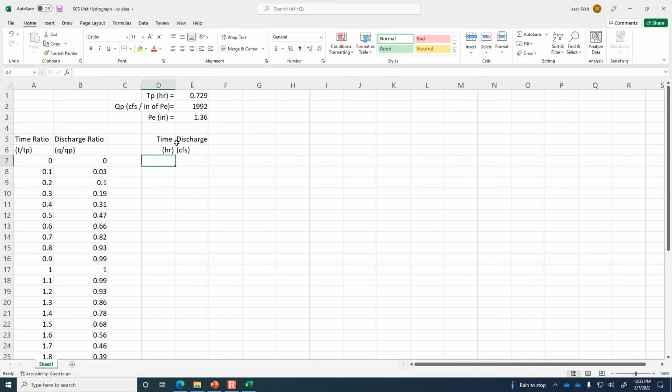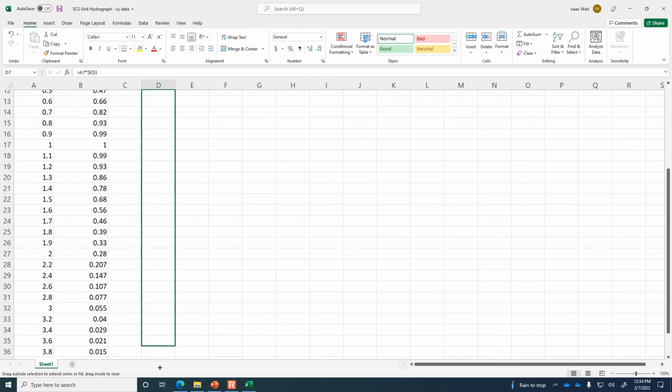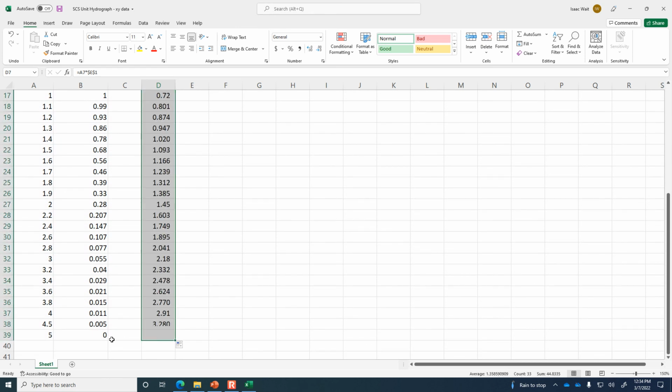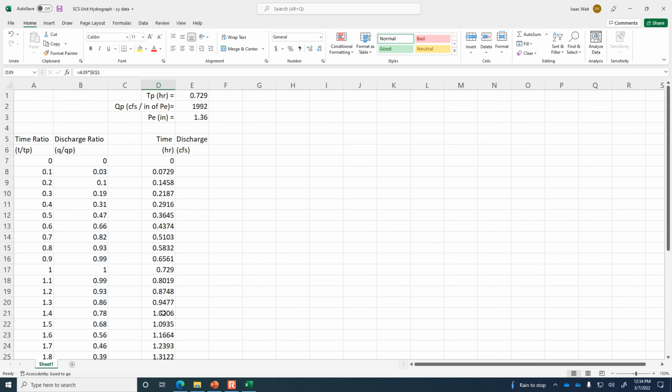So it is equals the time ratio multiplied by the time to peak, and I'll anchor the reference to the time to peak with the F4 button, and that way I can drag that cell down, and it's always looking at E1. So let me drag that down through all of the rows that we have some entry for, up until 3.645 hours after the storm begins is what we're predicting.